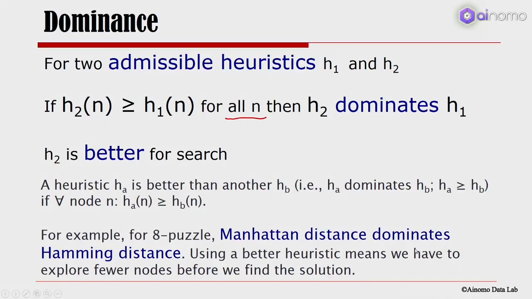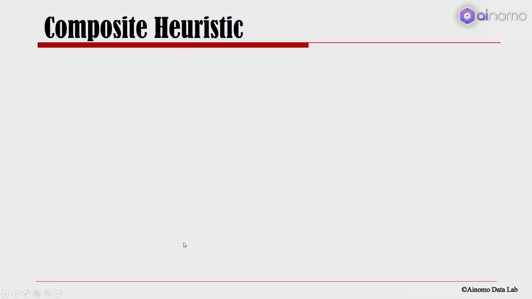For the 8 puzzle game, we had highlighted 2 heuristics, if you remember: the total of the Manhattan distances and the total of the misplaced tiles. The Manhattan distance dominates the Hamming distance heuristic. Let us now move on to understand what we mean by composite heuristics.